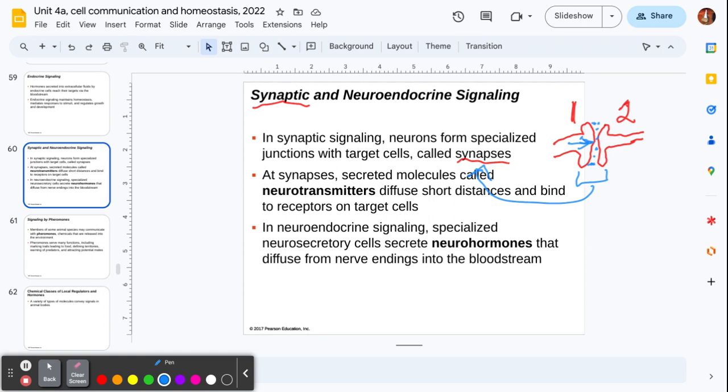We also have on here neuroendocrine. And that is a combination. So now I've got a signaling cell that's part of the nervous system. Its goal is to get to some type of target organ.